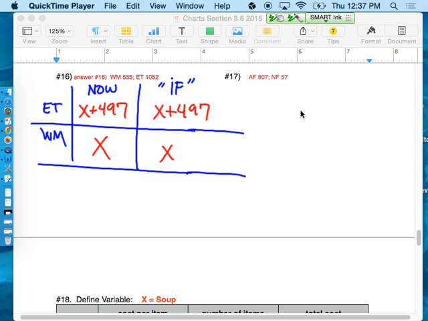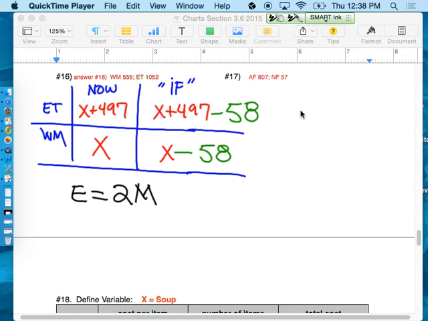And then my if conditional comes in stating that if each were 58 shorter, which means I'm going to subtract 58 from both. So I'm going to take my if column because the problem states that under this if condition of 58 feet shorter, then my math model, the Eiffel Tower, is twice as tall as the Washington Monument.